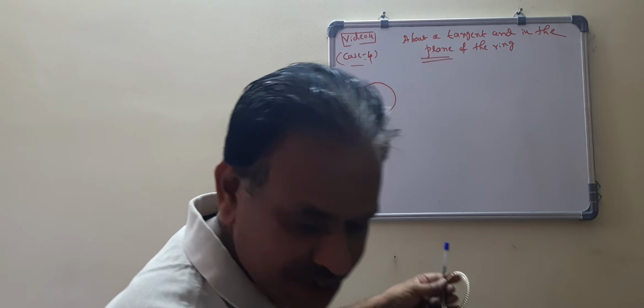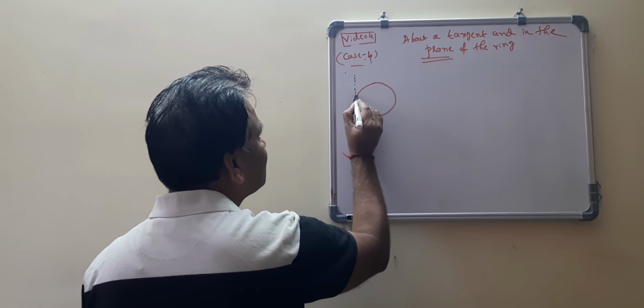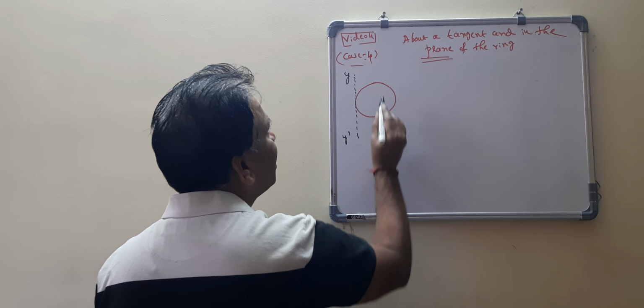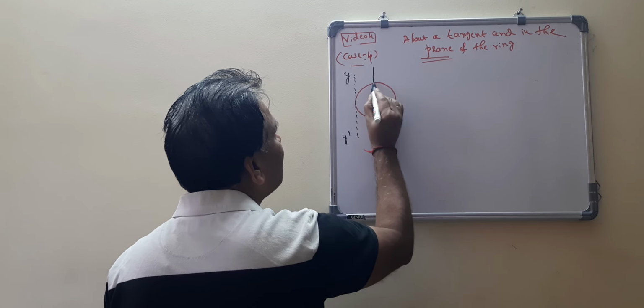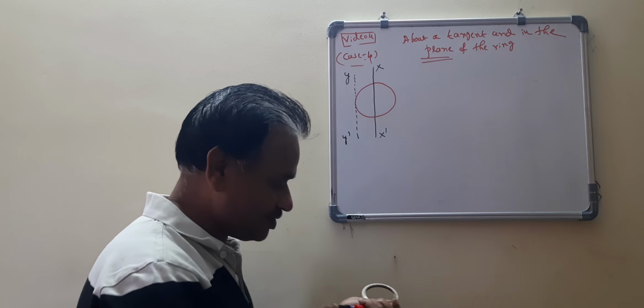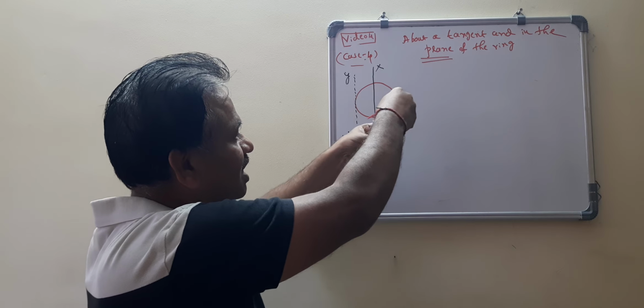About a tangent. How is the tangent? Like this. This is the tangent. This I will call y dash. And this is another axis, x dash.